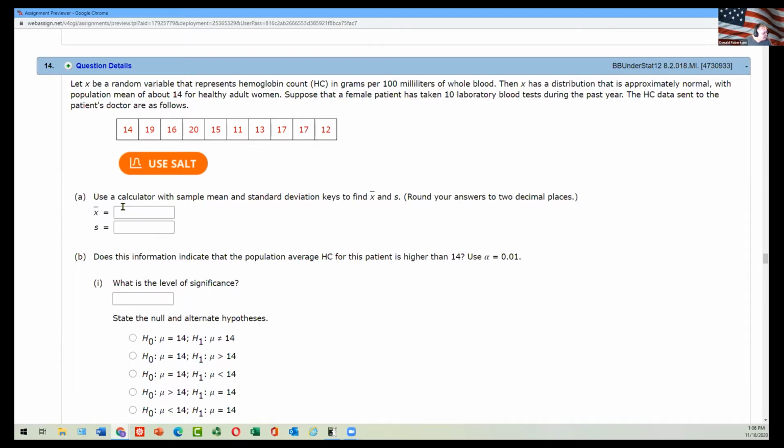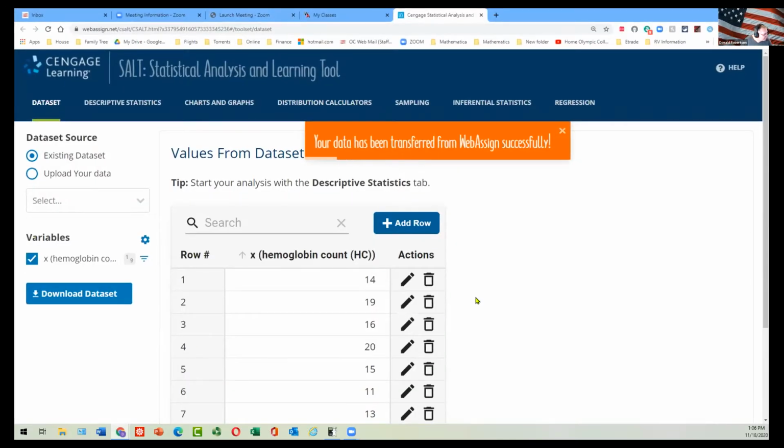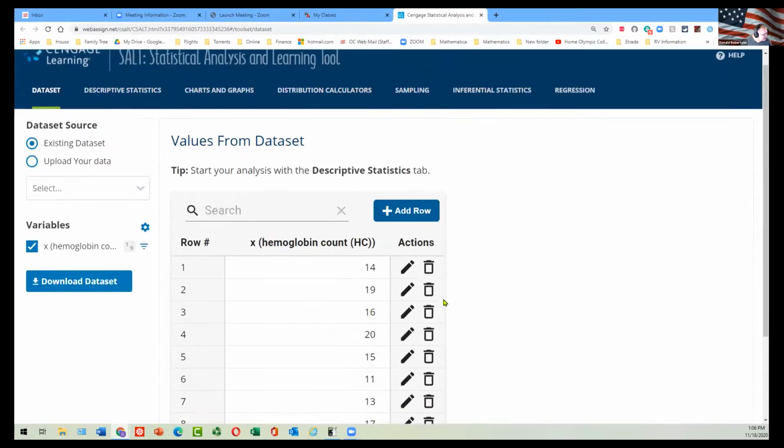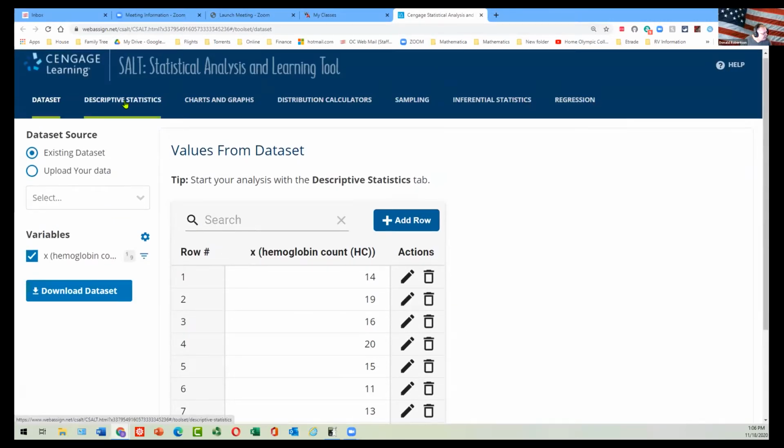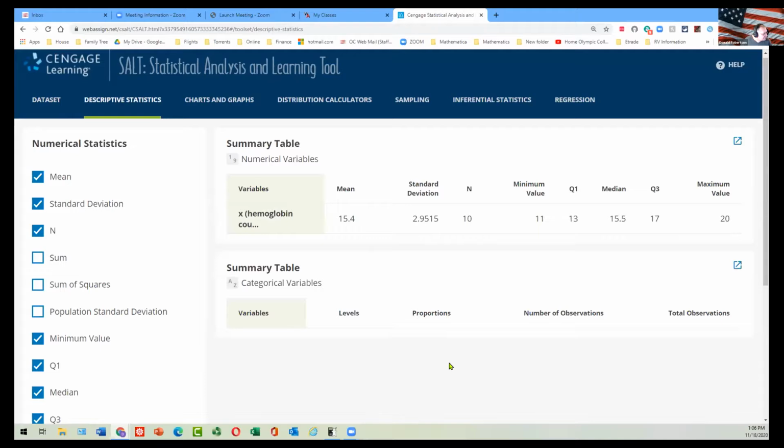Okay. We're going to find the mean and standard deviation. So if I just hit use SALT, we should be able to get that data, which we have. Here it is. And then if you hit descriptive statistics, the mean is 15.4 and the standard deviation of the sample is 2.9515.